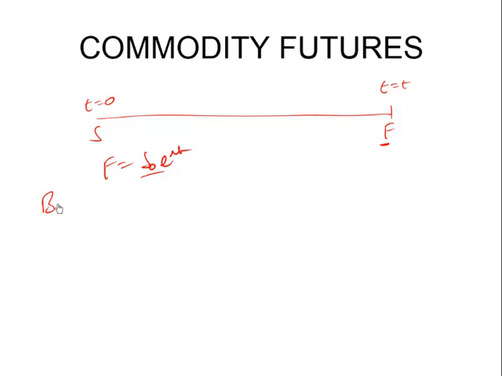So again, we can see either the buyer's perspective or the seller's perspective. Let's see the buyer's perspective in this case, and you guys will do the seller's perspective on your own. So at t equal to 0, I have an option of buying the commodity right in the spot. If I buy it in the spot, then I will pay the price S0 today and I will get the commodity with me.